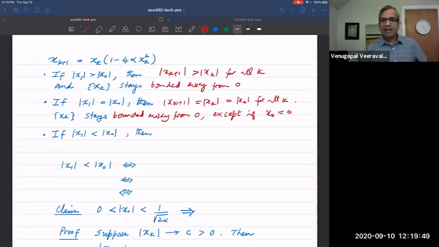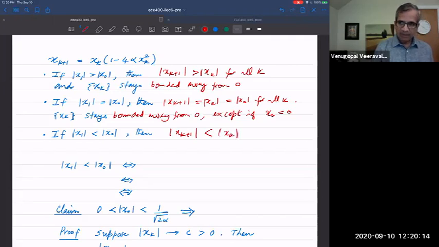Okay, so finally, the only way we can have convergence, so even if the Lipschitz condition doesn't hold, you could possibly have convergence to 0, but it'll depend on the starting point now. If x1 is less than x0 in magnitude, then xk plus 1 is less than xk in magnitude for all k.